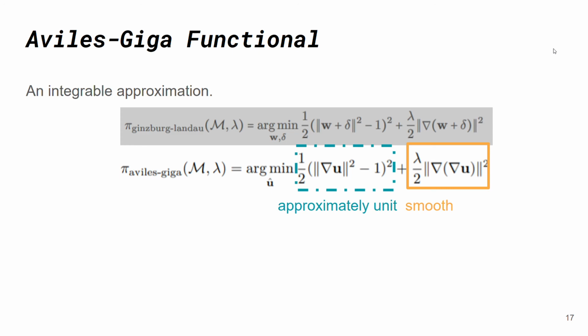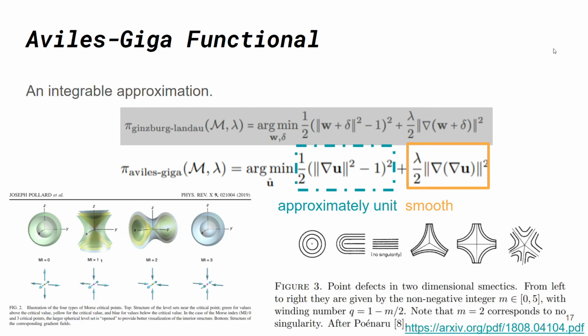It's basically the same as the Ginzburg-Landau functional, only now instead of just looking for fields which are approximately unit and smooth, you ask for the fields to also be integrable. And minimizers of this functional have a very different flavor than the minimizers of the Ginzburg-Landau functional. In particular, they allow for very complicated singular structures to emerge.